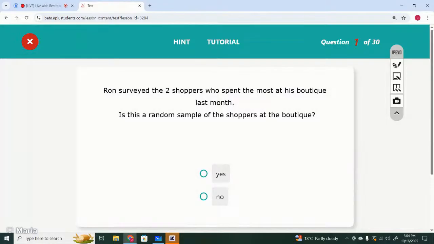Is this a random sample of the shoppers at the boutique? So, no, they are not a random sample, they are a biased sample.